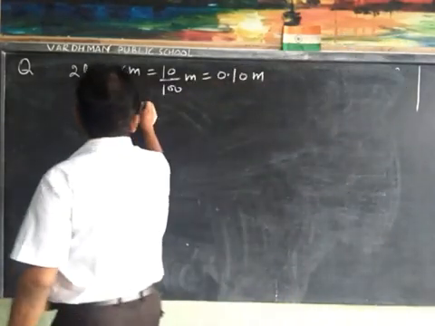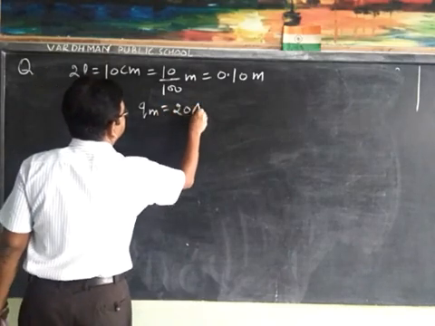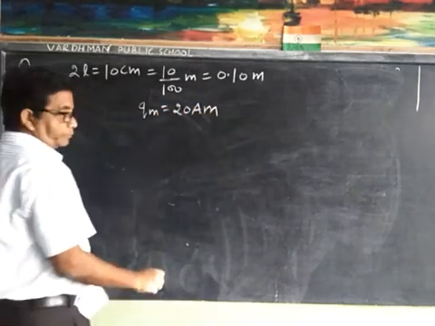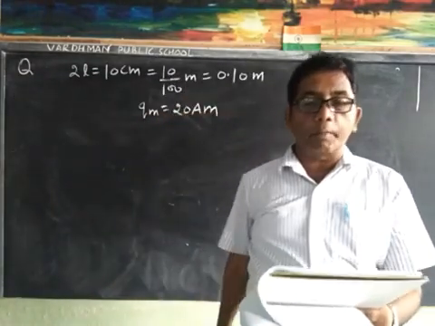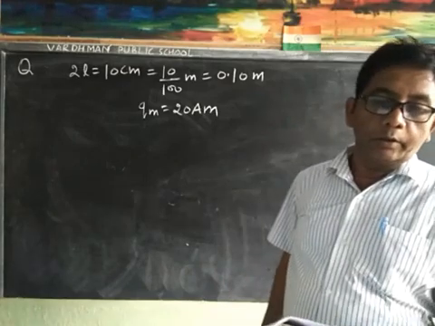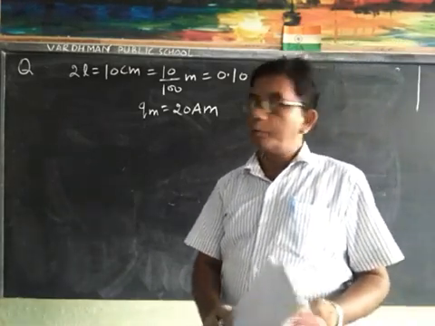Pole strength is denoted by Qm. Find the magnetic moment of the dipole.